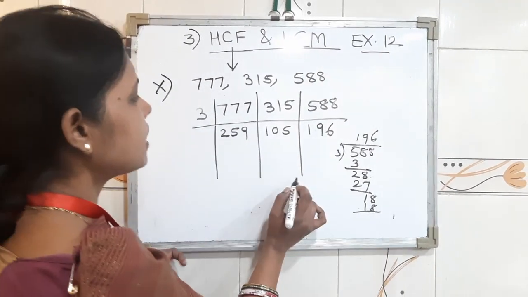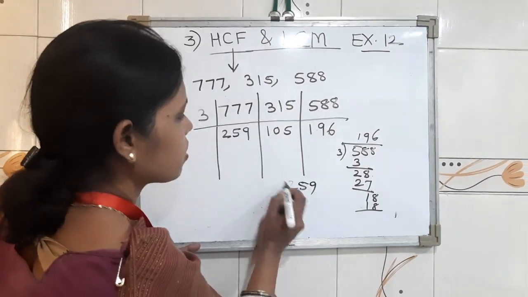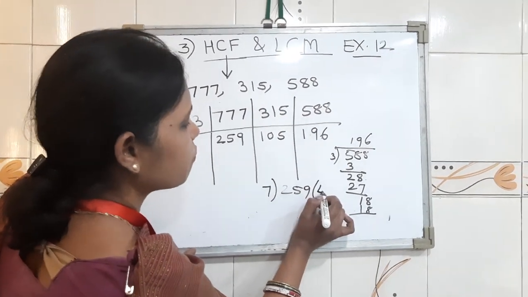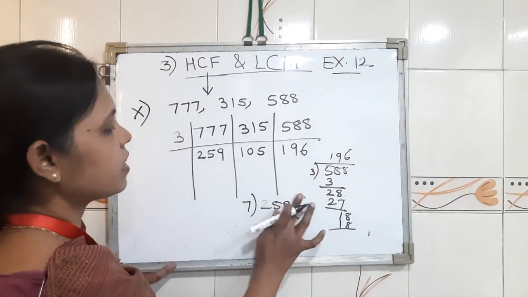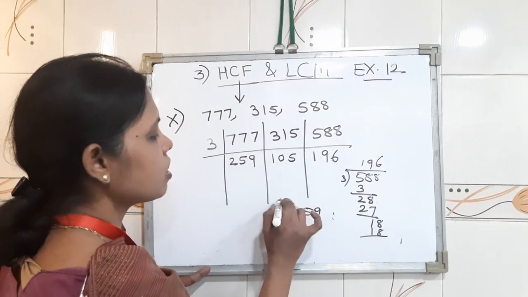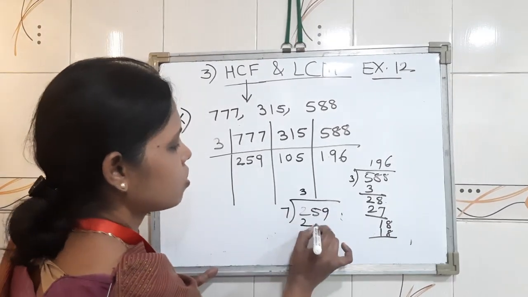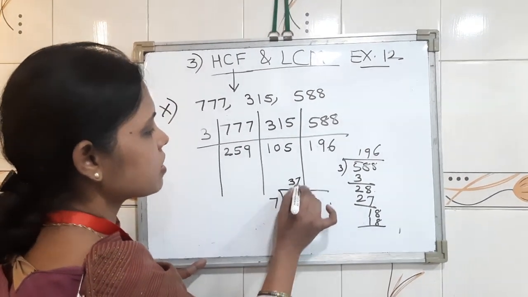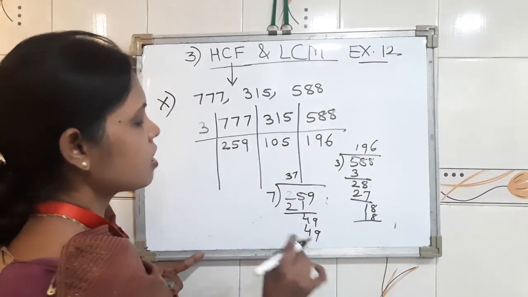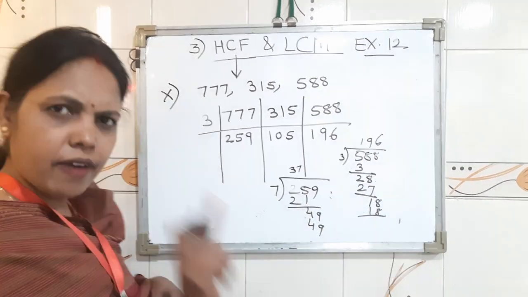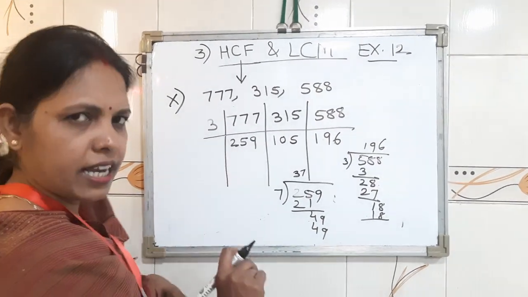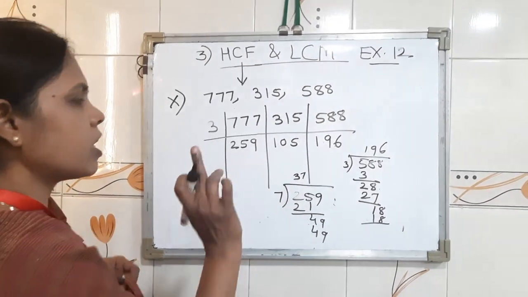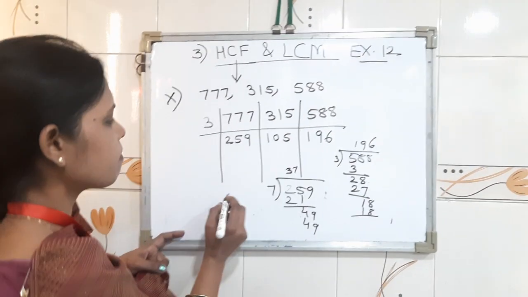First we try 259. 7 fours are 28, so first we try 7 threes are 21. 25 minus 21 is 4, and 9. 7 sevens are 49. So when we divide 259, our answer is 37. This number is divisible by 7. Next number we will try.